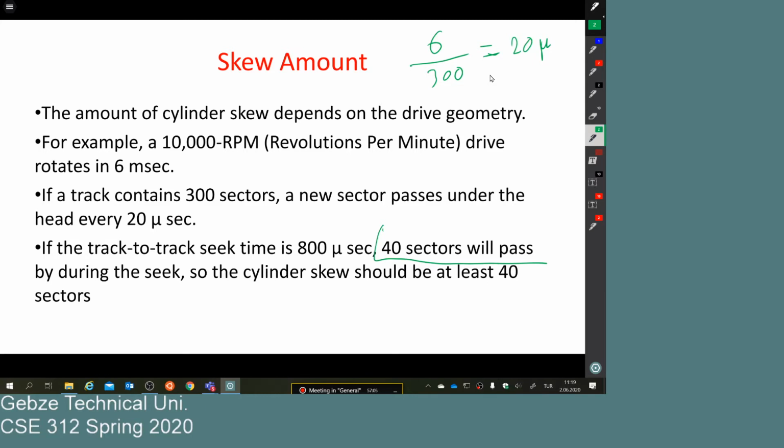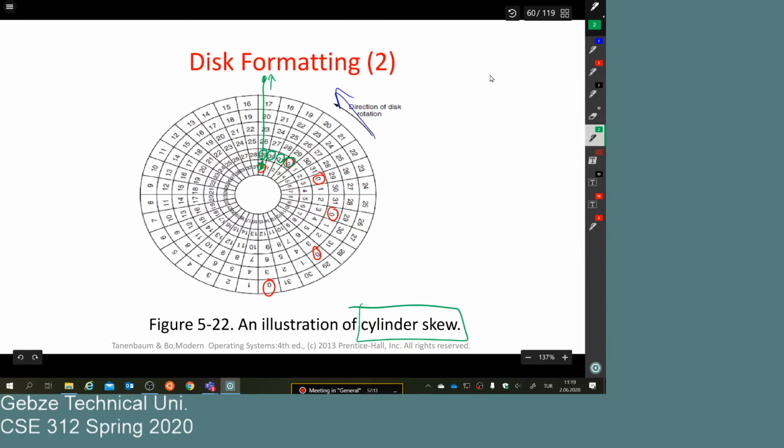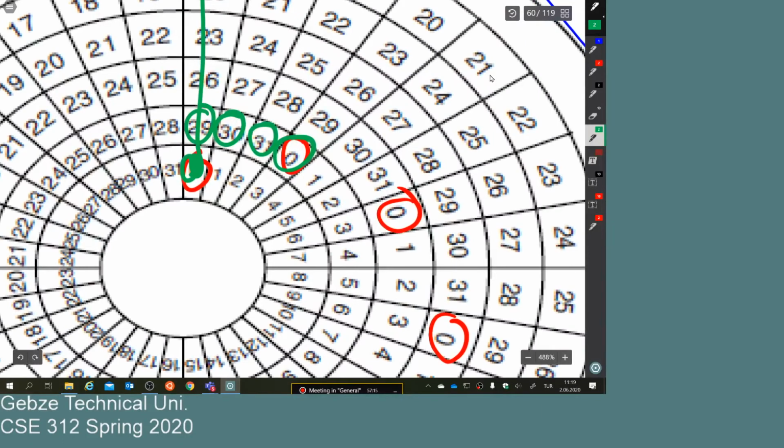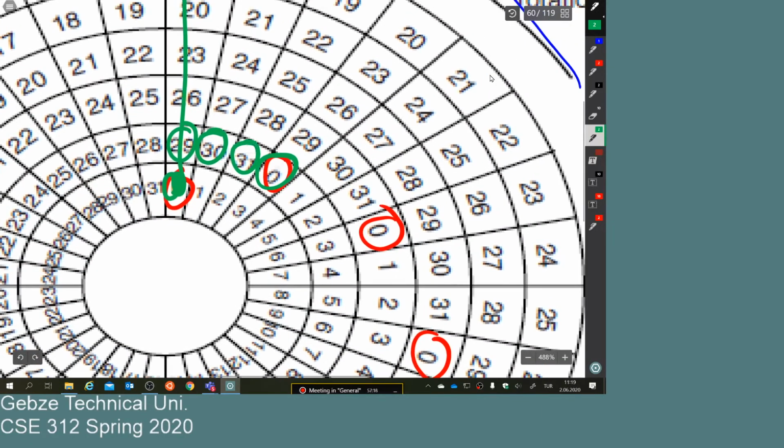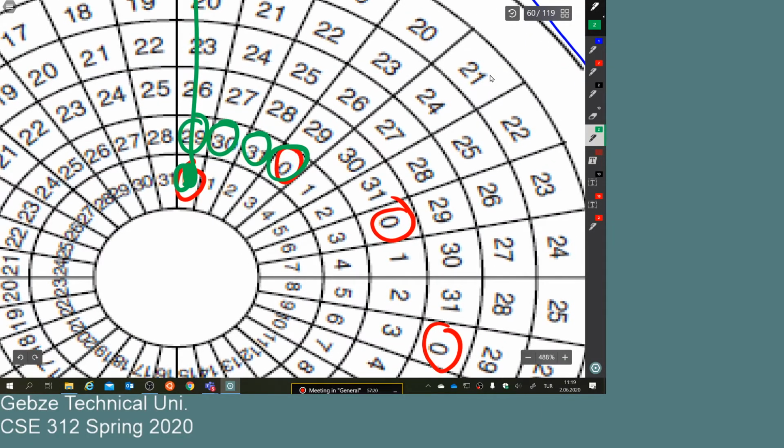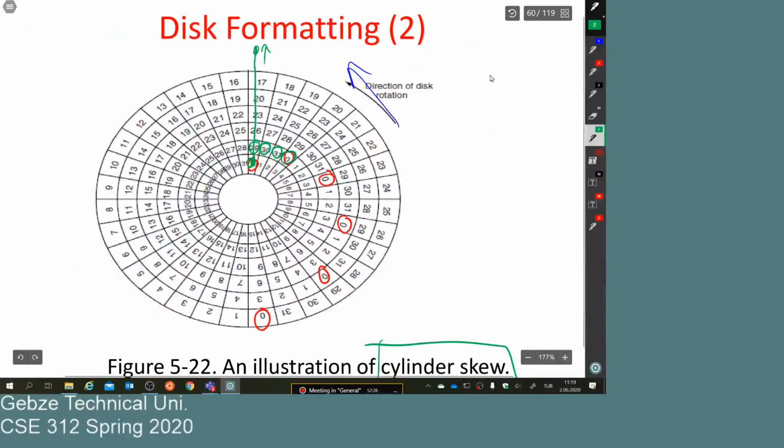So in this case, when I do the low level formatting, my skew amount should be 40 sectors. Okay, that's the calculation.